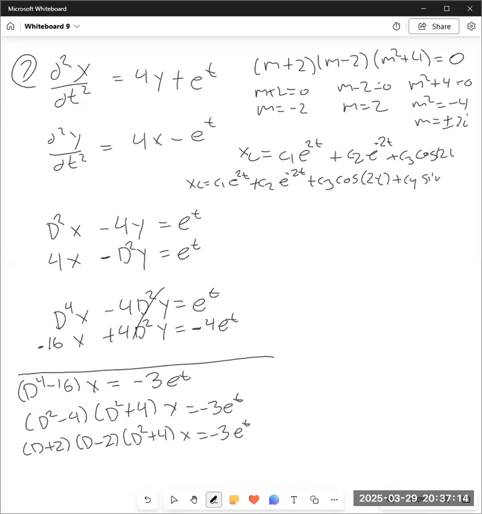C4 sine of 2t. There we go. All right, so now my xp is going to have to be something in the form of A e to the t, and I need to get to the fourth derivative of that.